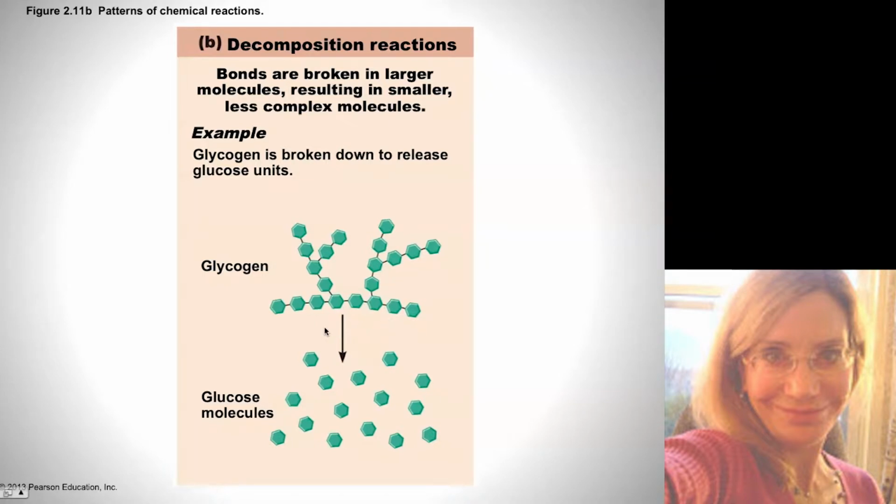We have stores of glycogen so that if our blood glucose level were to drop, our body can start breaking down liver glycogen in order to free up those glucose molecules to keep our blood glucose within a balance. And we also have some glycogen stores in our skeletal muscle for when we need more energy for muscle contraction. An enormous number and variety of decomposition reactions happen during the breakdown of nutrients, of food in the digestive system, in the GI tract.